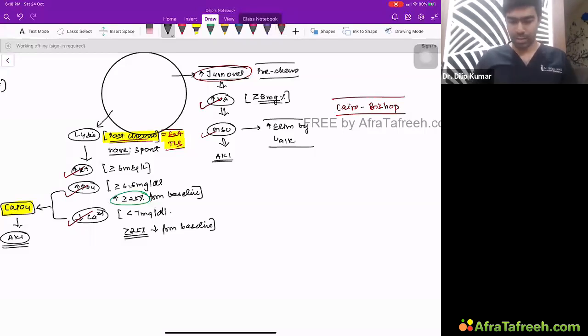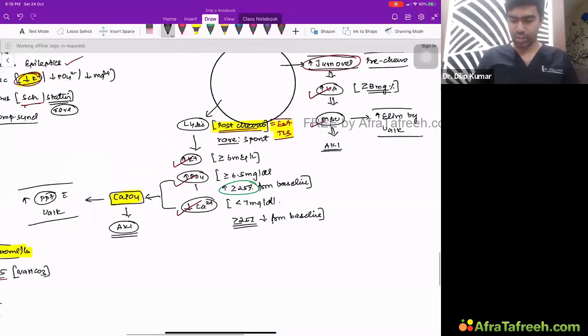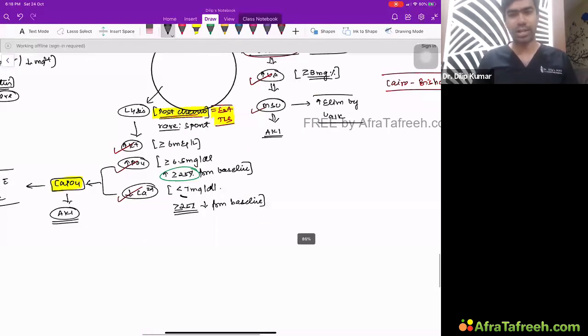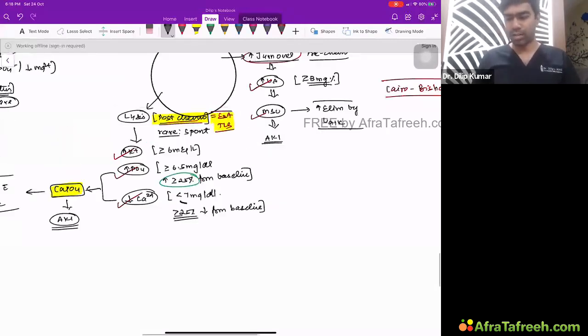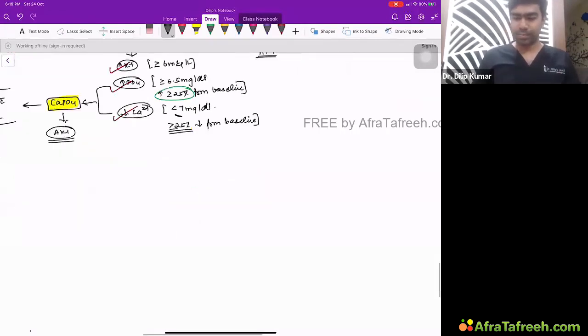So why hypocalcemia? That is because of the phosphate and calcium combination. Hyperphosphatemia produces calcium phosphate, and that is the reason why you deplete the free calcium. Okay, fine. So this is the Cairo-Bishop criteria, and this is how you get a tumor lysis syndrome.